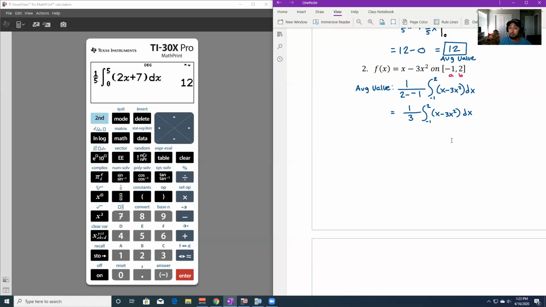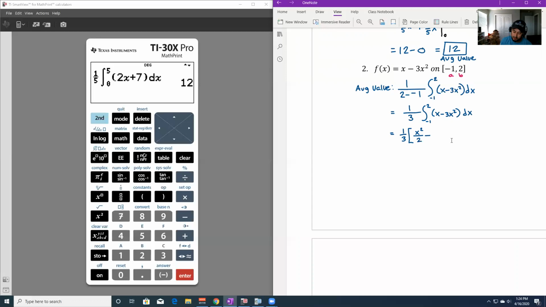Okay, now let's find the antiderivative, which means this 1/3 is going to wait outside. Bracket. And let's find the antiderivative of x. That's our first one. So the antiderivative of x, we've done it so many times, is x squared over 2.